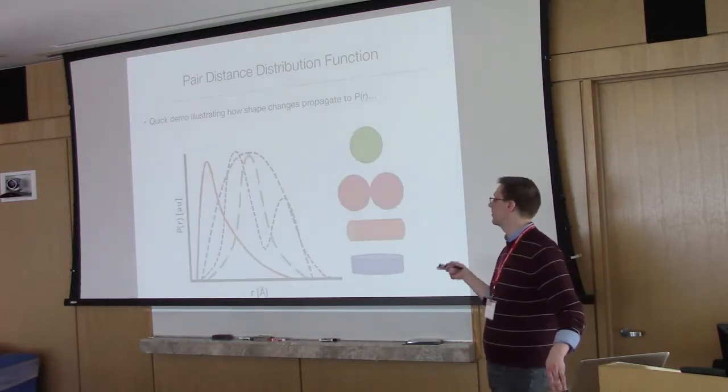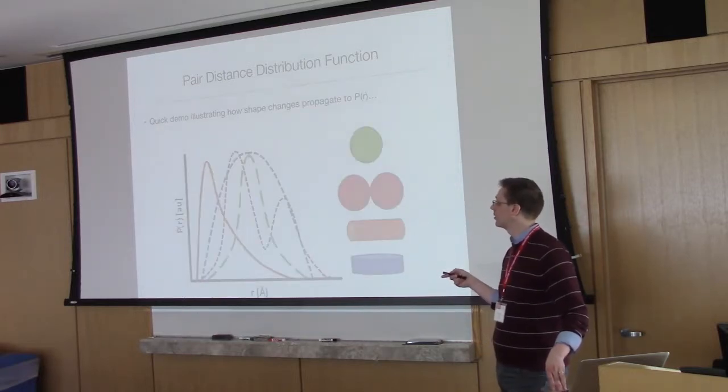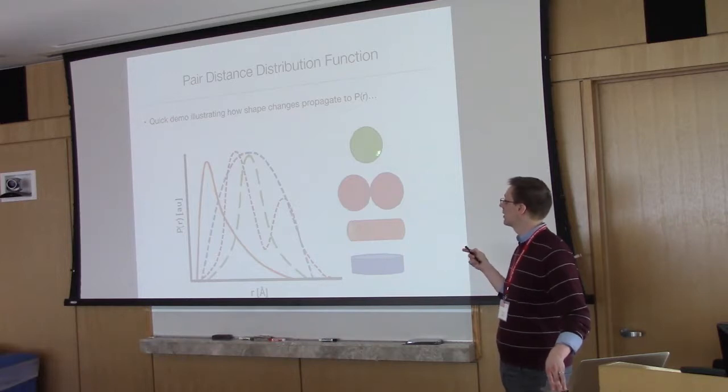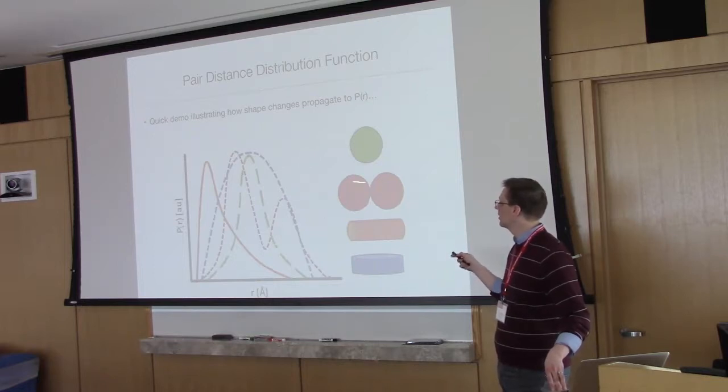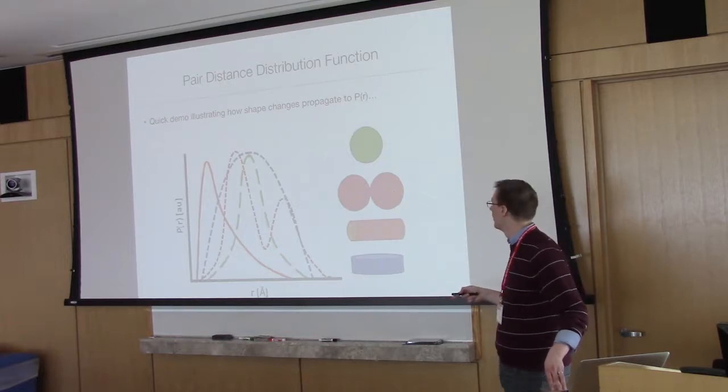So this is an example of some of the different types of P of R distributions that you can get from different types of shapes. You sort of get this Gaussian-looking thing for a sphere. If you've got some kind of dumbbell, you'll get 2 peaks, because this peak gives you information about the cross-lobe distances, whereas this larger peak here gives you all the shorter distances inside each one of the lobes.